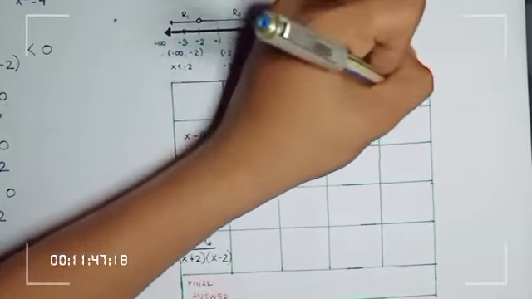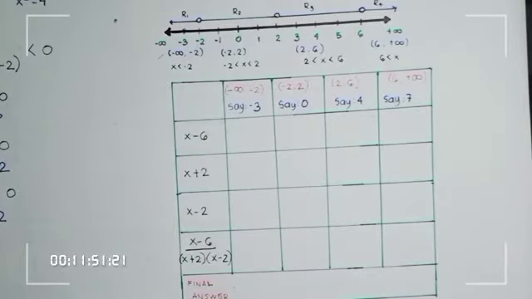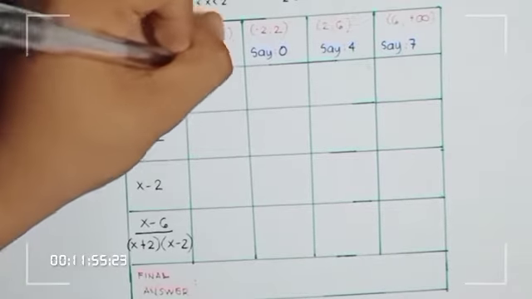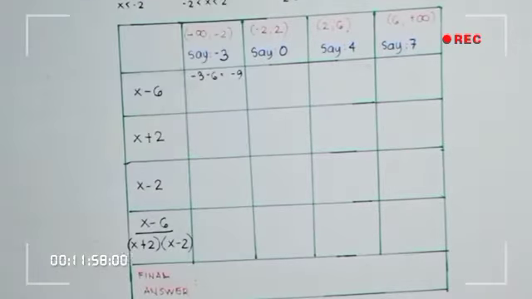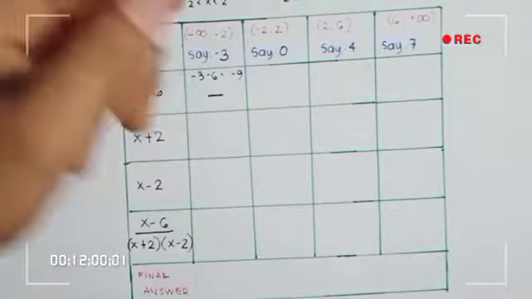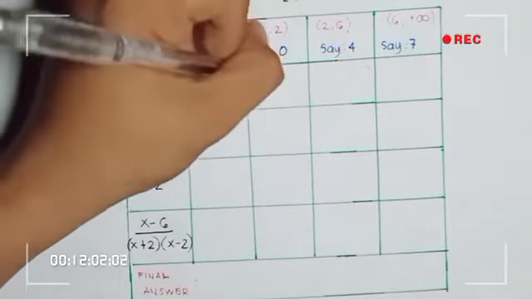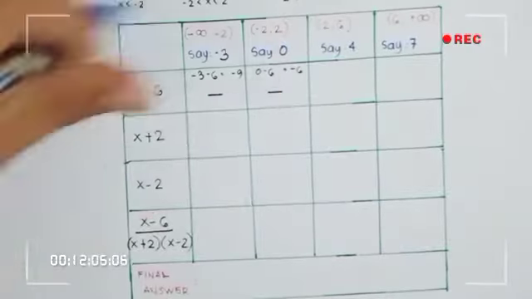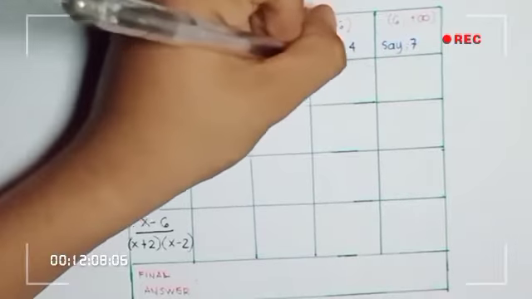Numbers that are greater than 6, say 7. Again, it's up to you to choose the numbers that you want to represent the regions. But make sure that you're using the correct numbers, okay? Again, we substitute negative 3 to x minus 6. So, negative 3 minus 6 is negative 9. Resulted to negative.